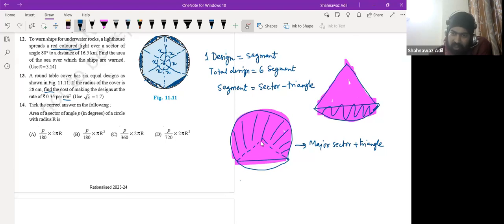So what you see in this figure, this one thing is the major sector, right? And you want to find out this purple region. So this is the triangle. If you want to calculate the purple one, you have to remove this triangle or add this triangle to the major sector.